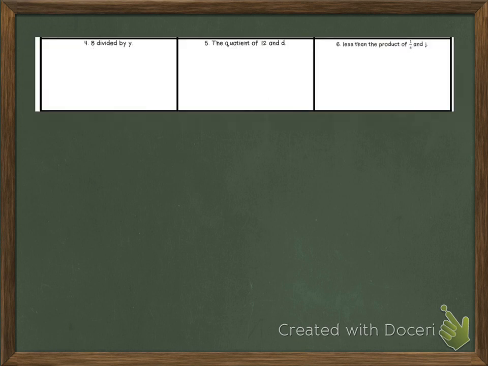Okay, so then here we have 8 divided by Y. We can write that just like that, 8 divided by y, or we can write it as a fraction, 8 over y.